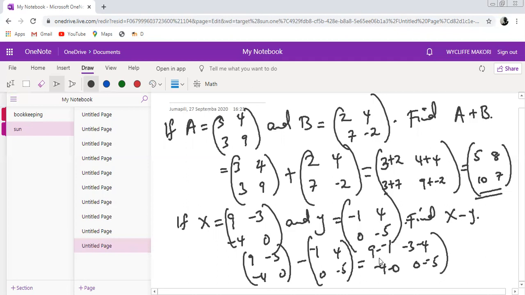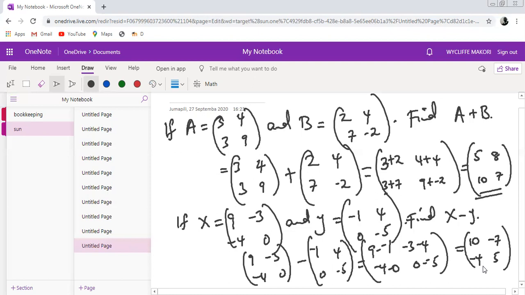You will find that it is the same as 9 plus 1, which is 10. Negative 3 minus 4 is negative 7. Negative 4 minus 0 remains negative 4. 0 minus negative 5 is the same as 0 plus 5, which is 5. And that is the solution.